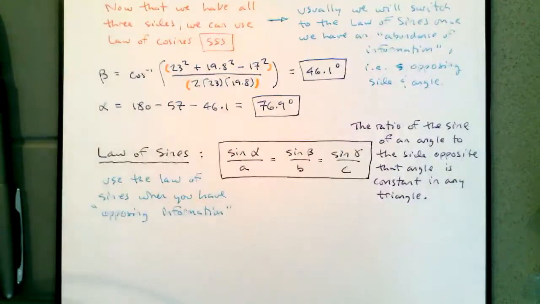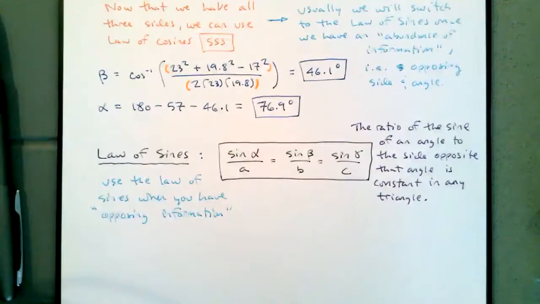I don't know where I started calling it this, but an alpha and an A, beta and a B, gamma and a C. So if you're given an angle and the side opposite that angle, that's the time to use the law of sines. That's why I say we usually switch to the law of sines once we have an abundance of information, because once we have 4 pieces of information about a triangle, we're going to have an angle and a side opposite that angle.